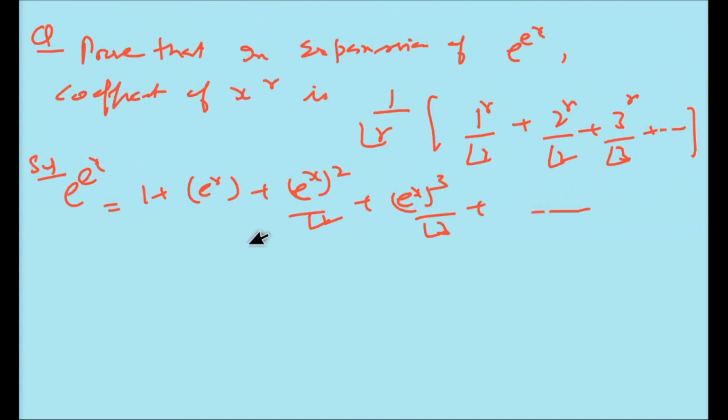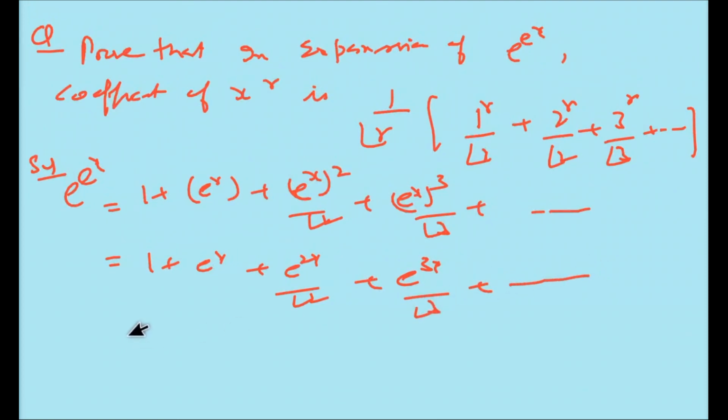Okay, so we can also write 1 plus e to the power x plus e to the power 2x upon factorial 2, e to the power 3x upon factorial 3 and so on. Now this step we will expand again for e to the power x.